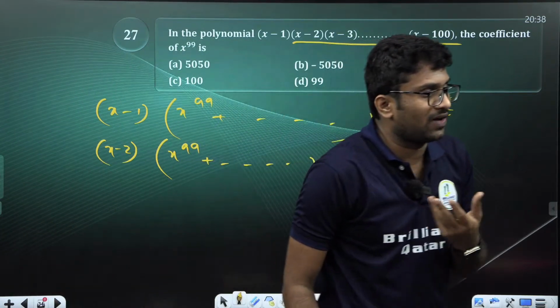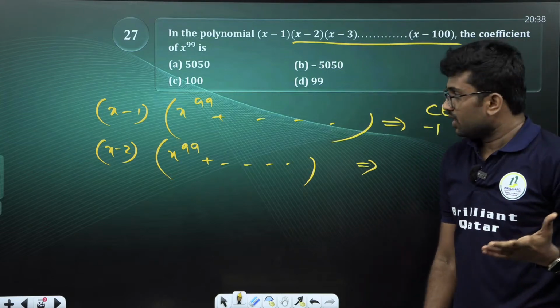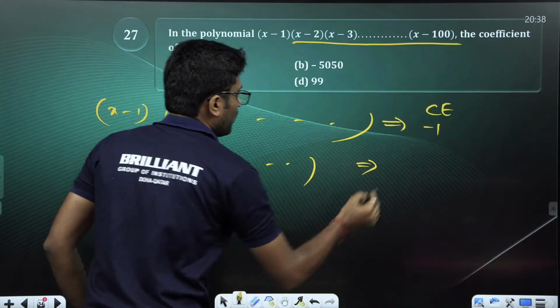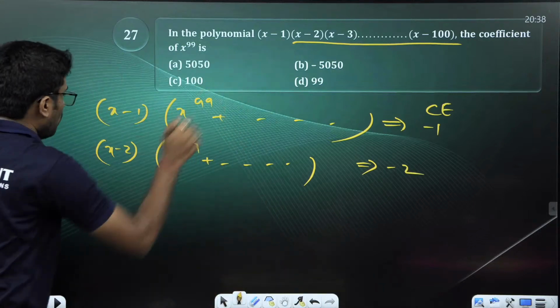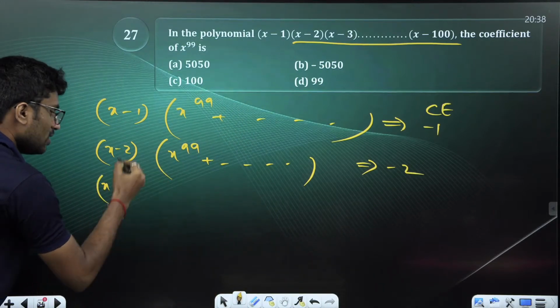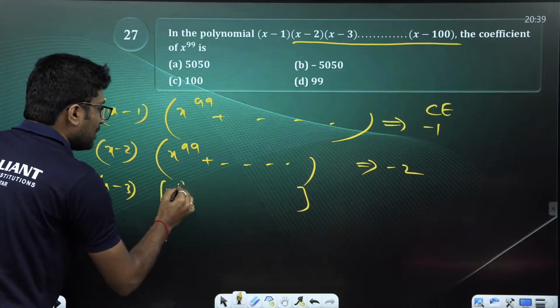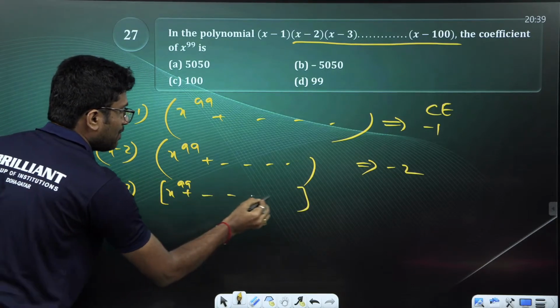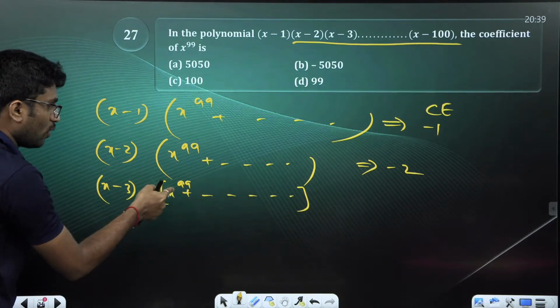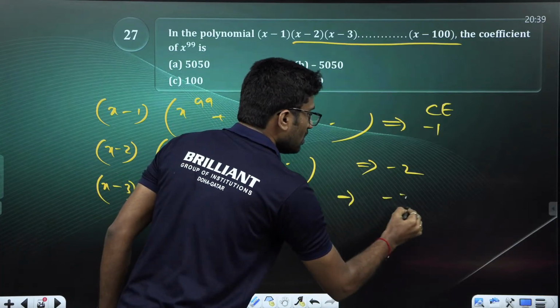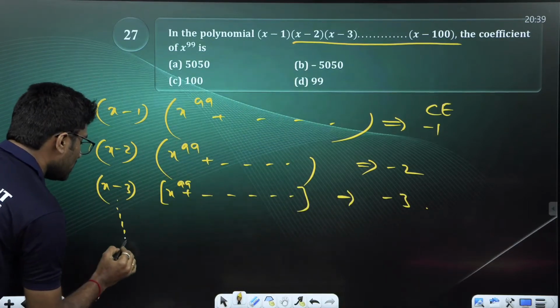Minus 2. Super, friends. In the same way, if I go with (x-3) aside and multiply the remaining 99 factors, what will be the coefficient of x^99? Minus 3. And so on in the same way.